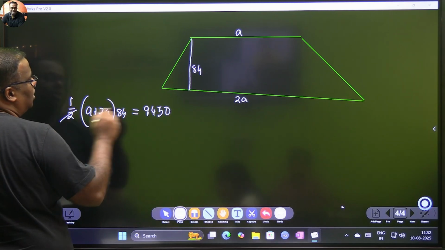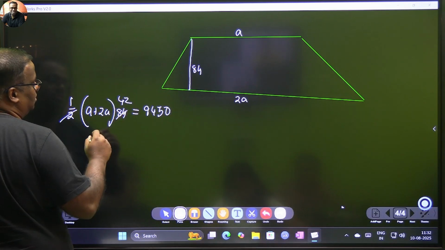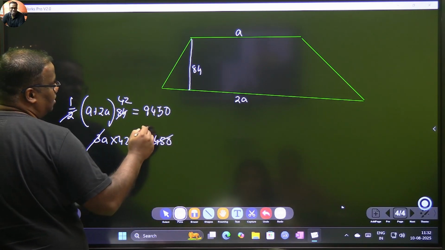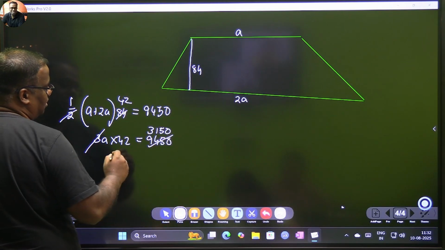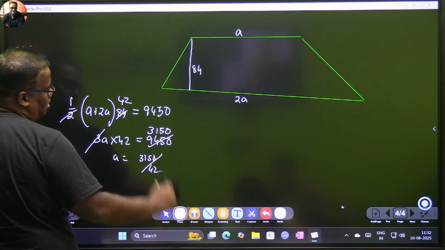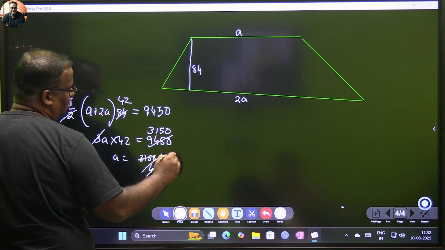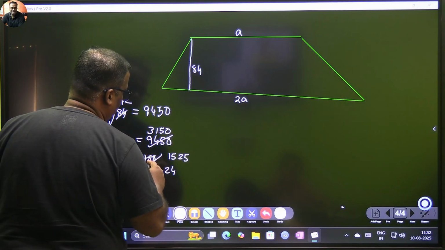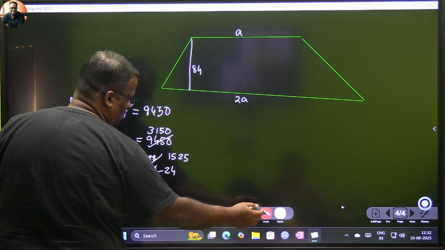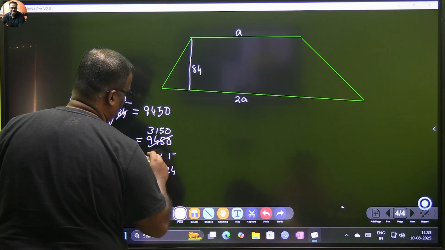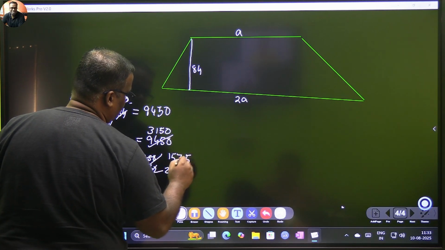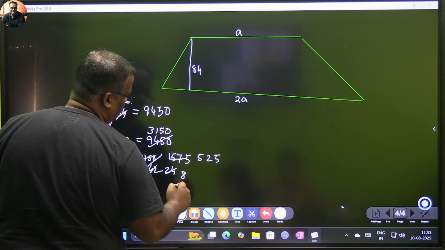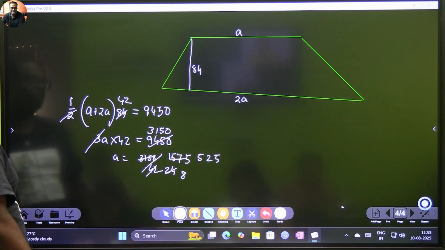84. Hey, be quiet, don't make noise right now. Now, 3 8s are 24, 3 5s are 15, 3 2s are 6, 1, and then it's 525.